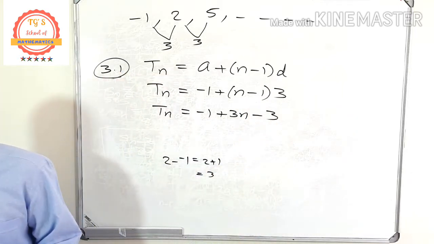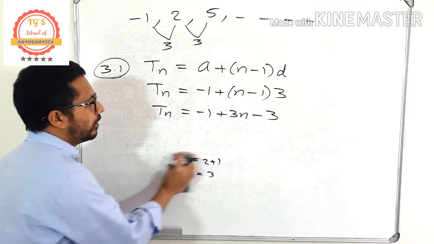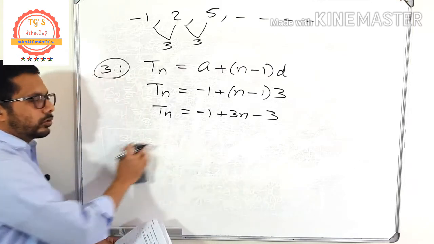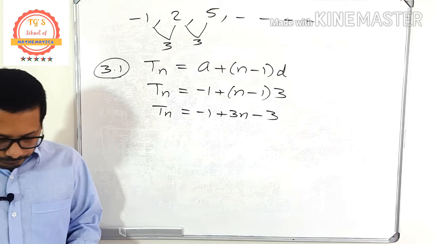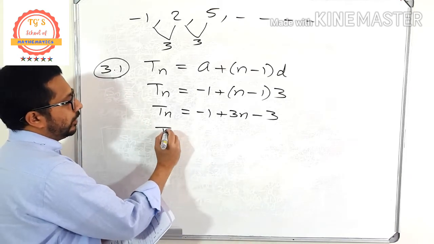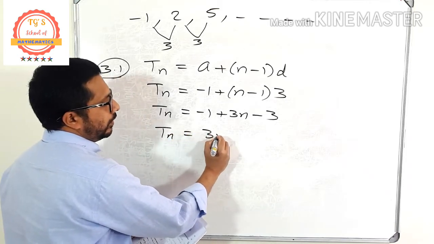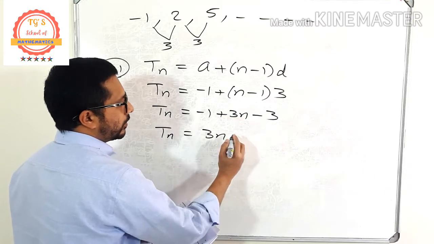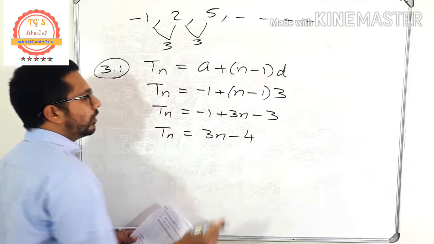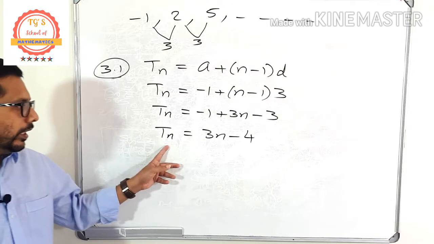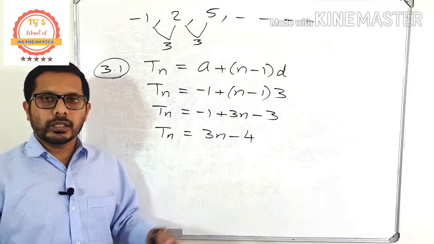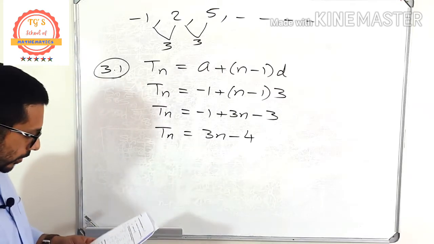So minus 1 minus 3, what is the answer? Minus 4. So Tn is equal to 3n, and this minus 1 and this minus 3 is minus 4. So what is the nth term now? Tn is equal to 3n minus 4. Okay, let's go to the next question.